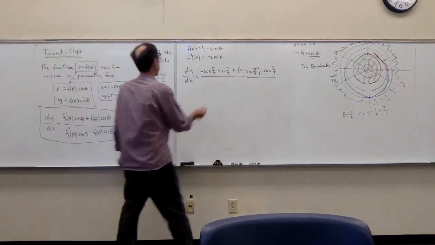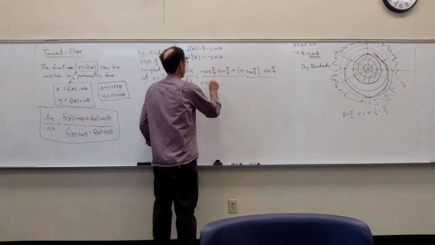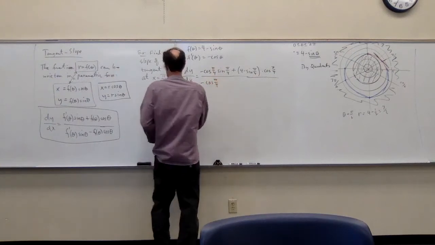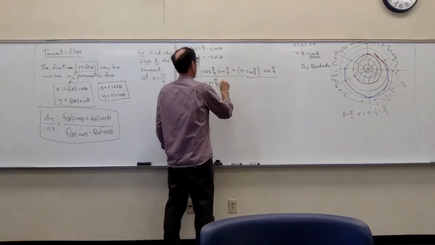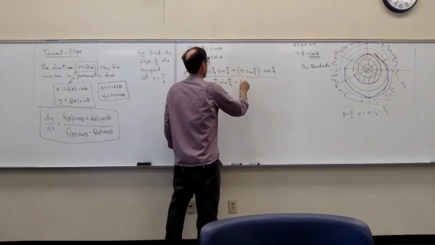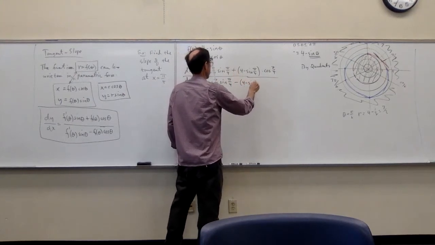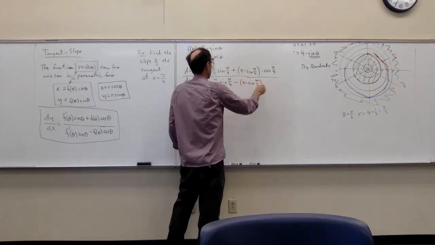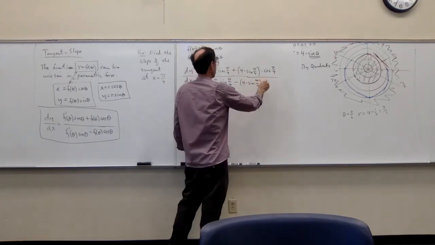The denominator: f prime, minus cosine pi over 4 sine pi over 4, minus f of theta, 4 minus sine pi over 4 cosine pi over 4.